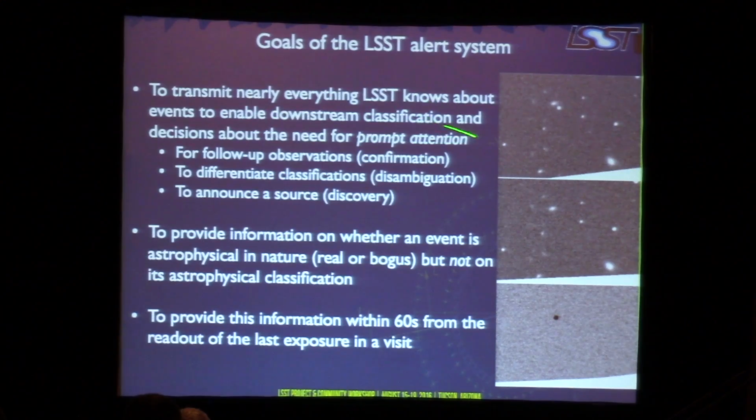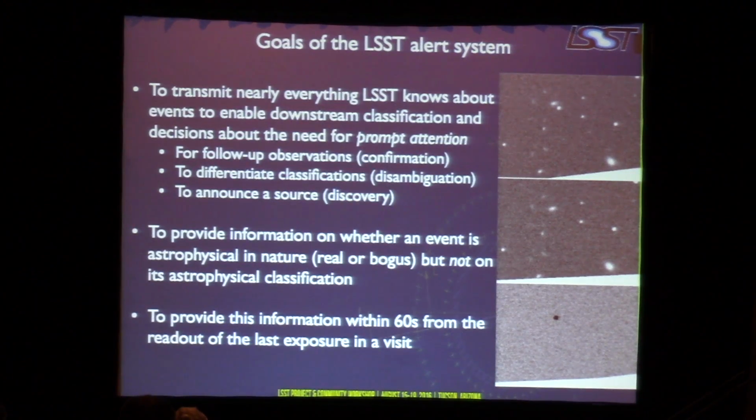And the prompt follow-up or prompt attention is the important aspect of this, as I'll come back to as I go through the talk. This means follow-up observations for classification, to differentiate between classifications, and also just in terms of discovery or identification of a new event.